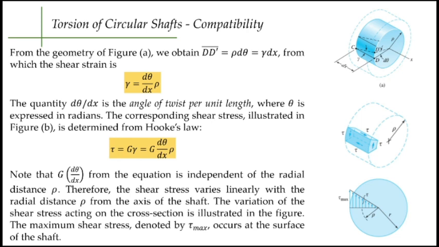For normal strain and normal stress, stress is equal to your modulus of elasticity times your strain. For our shear strain and shear stress, it is given by this formula. Shear stress is equal to G, which is our modulus of rigidity, times the shear strain. And then here it is.